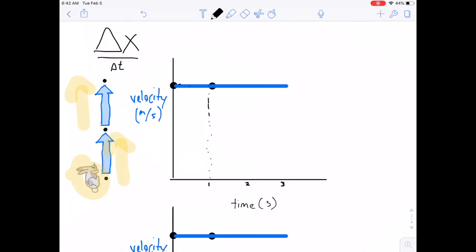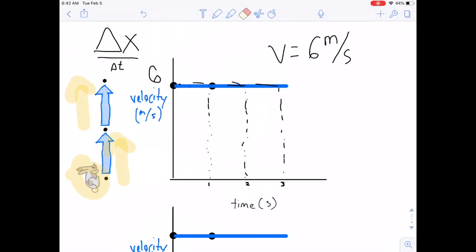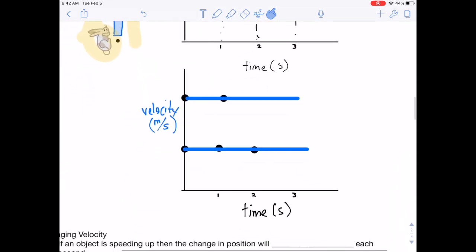Let's say that this guy's going like, I don't know, 6. And at 2, the hare or rabbit is going 6. At 3, the rabbit is going 6. The rabbit seems to have a velocity of 6. What are our units? In physics, you never forget your units. 6 meters per second. Easy peasy lemon squeezy so far.